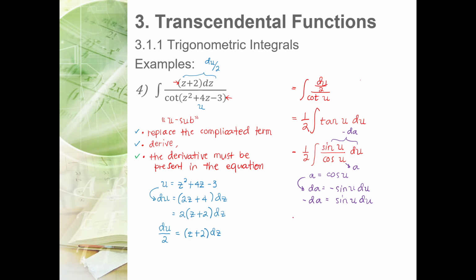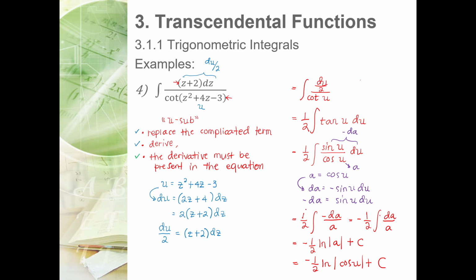Okay, so integrating or replacing. So 1/2 the integral of negative dA all over a. So you have negative 1/2 integral of dA all over a. So that will be negative 1/2 ln of a plus c. So replace your a parameter: negative 1/2 ln of cosine u plus c.